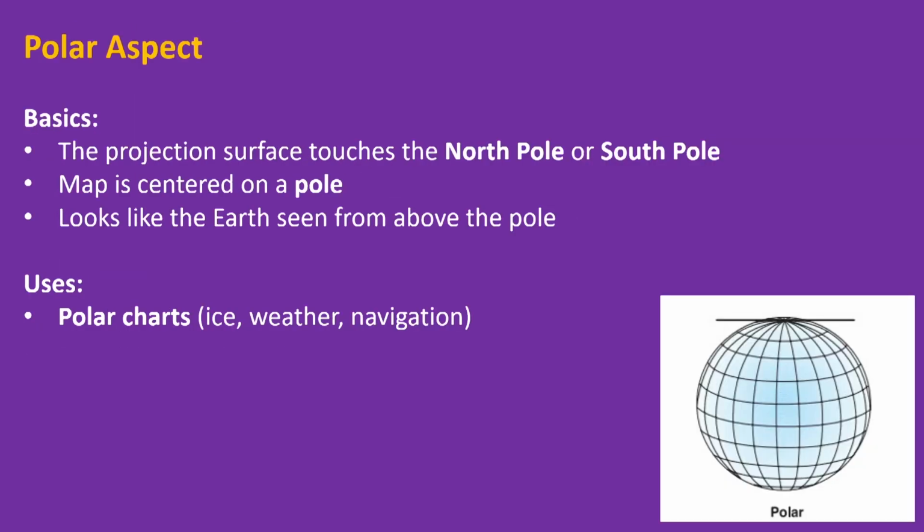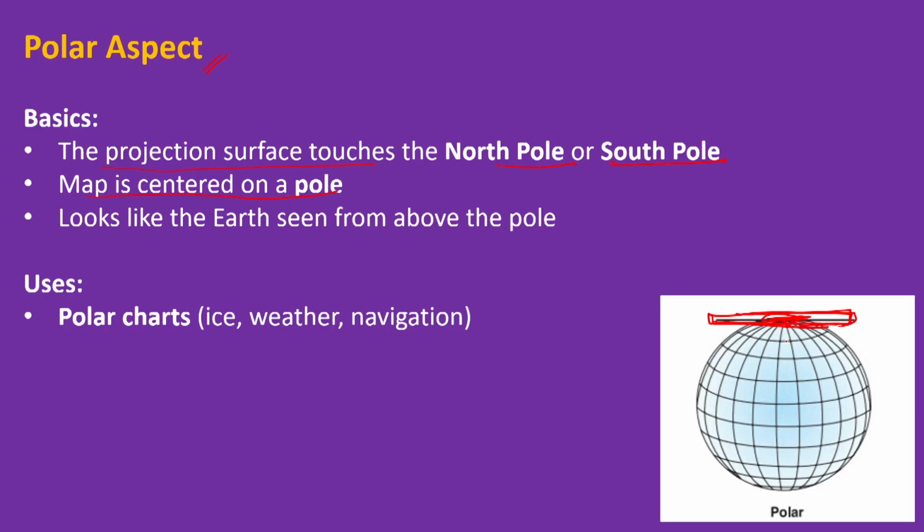Then let us get into the next aspect, the polar aspect. If the projection surface touches the northern pole or southern pole on the globe, the map is centered on the pole. Assume this particular area you are going to project.